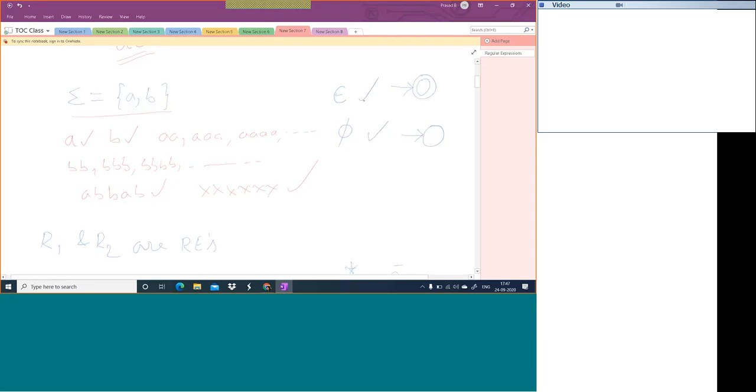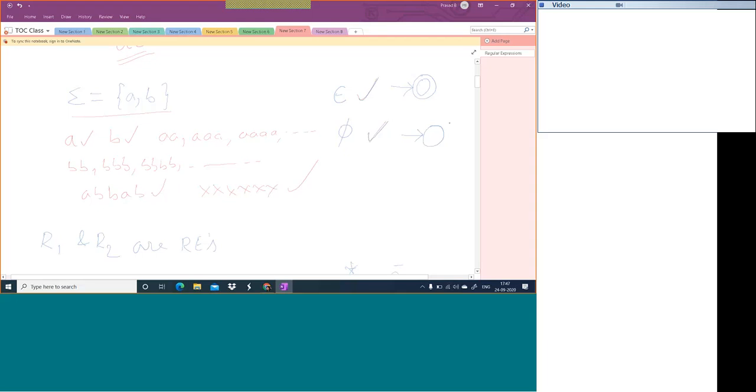At the same time, epsilon is a regular expression, this one, and the epsilon representation is like this, and phi is also a regular expression.